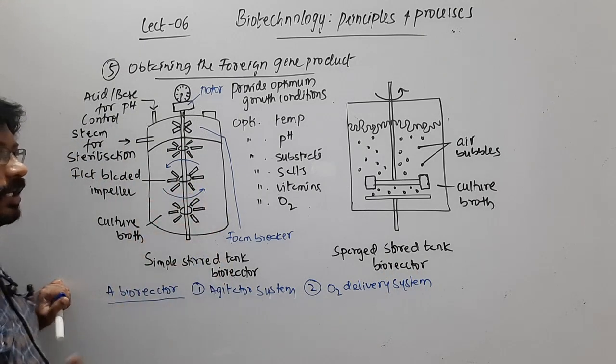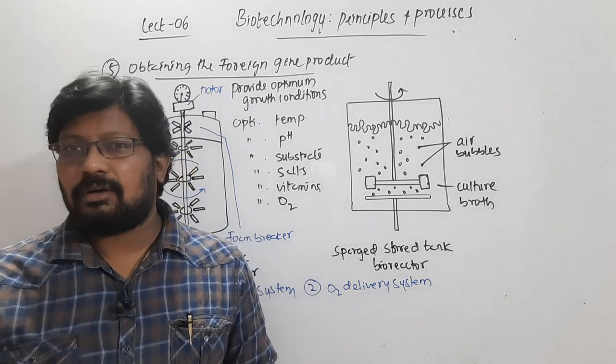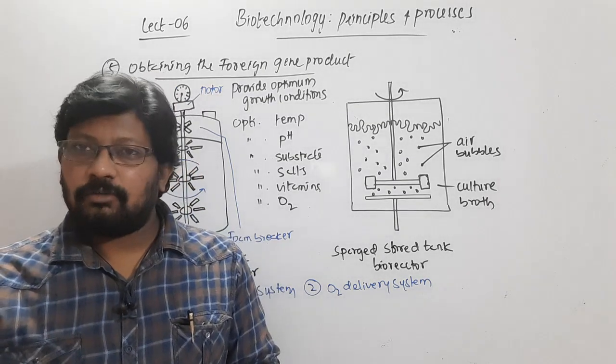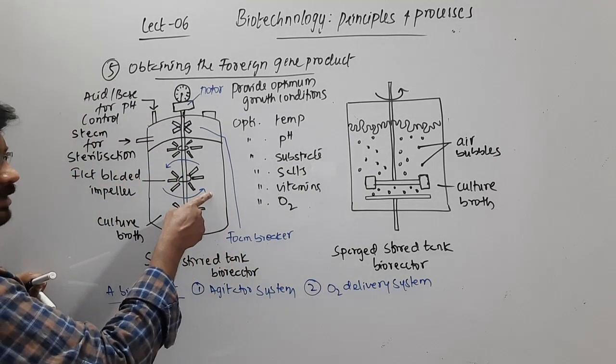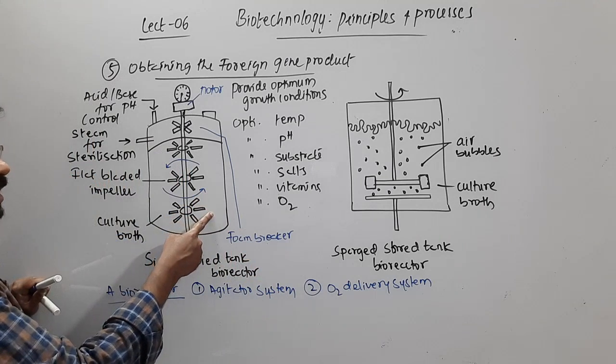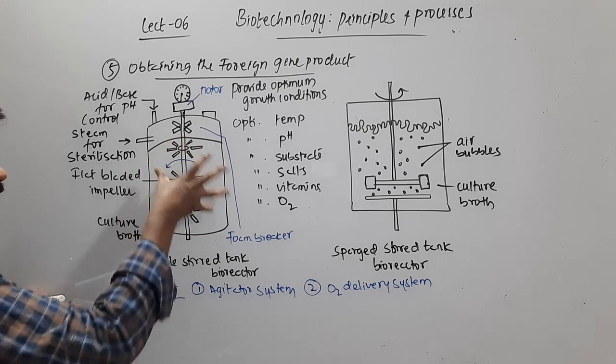Of course, we need to see whether these are aerobic or anaerobic. Here we are considering aerobic, so there must be a supply of oxygen into this culture broth, and it should be uniformly distributed.